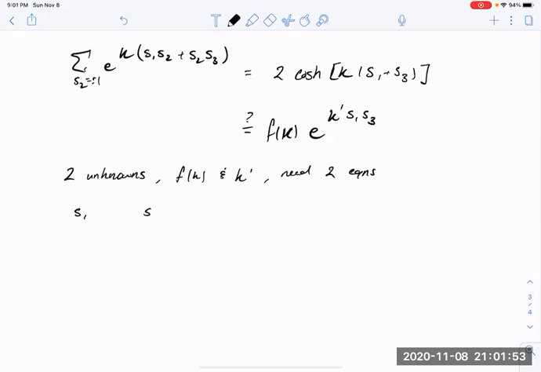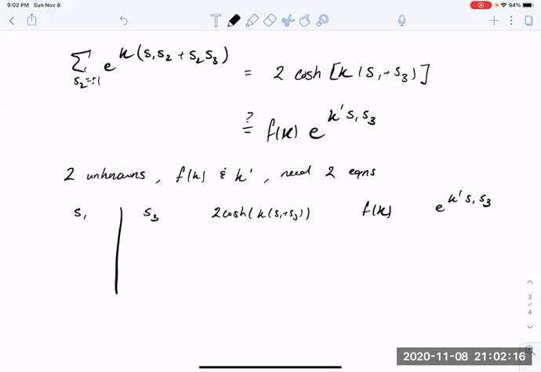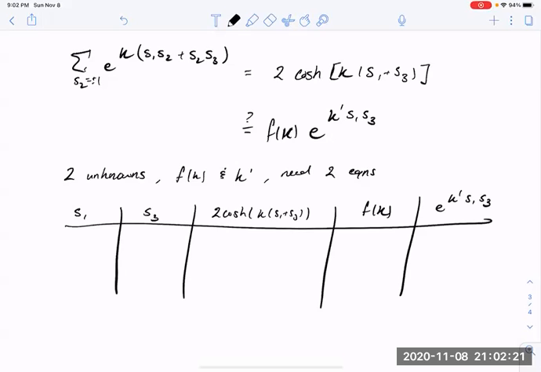What are the possible values that S1 and S3 could take? What is the consequence for twice hyperbolic cosine K(S1 plus S3)? How would that relate to f of K or e to the K prime S1 times S3? That's a terrible table. Let's try all that again.